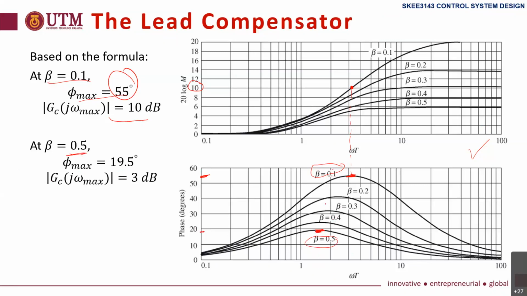And at the same time, if we look at the magnitude at beta 0.5, it is here, it is 3 dB. That proves the formula and also the transfer function and the bode plot.